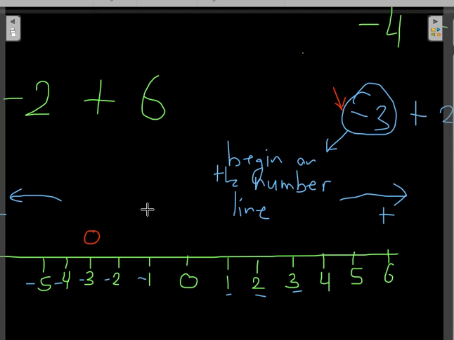The operation, or the sign, tells us which direction we're going to go. What direction is positive? We're going to the right. So right hand side, positive. The negative is left.